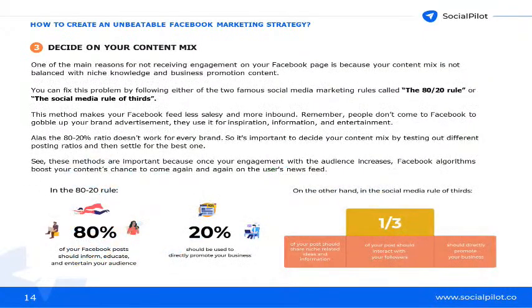Then the third one is decide on your content mix. There are some people, that's their work. They call them content marketers. Their work is to write content for you. They know the kind of content they can put up for you, and you put it online, you get an audience.